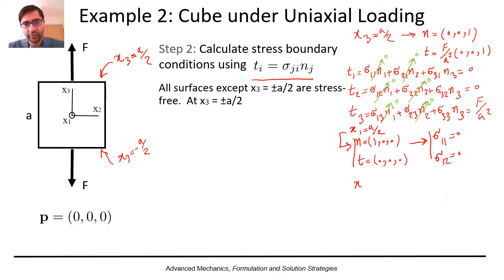For x2 equal to a divided by 2, we get n equal to 0, 1, 0, and t equal to, again, 0, 0, 0. So it results that sigma 2, 2 is 0. Okay, you see that we've already found sigma 3, 1, sigma 3, 2, sigma 3, 3, sigma 1, 1, sigma 1, 2, and sigma 2, 2.